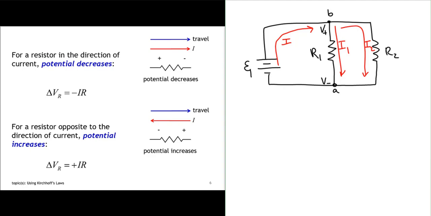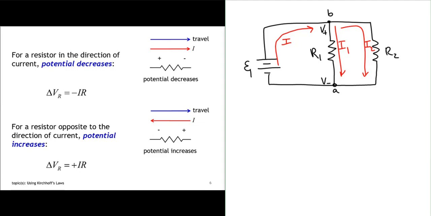So if we wanted to evaluate the voltage, the potential difference between points B and A, we need to decide on the direction we're going to evaluate the voltage and how it relates to the current.